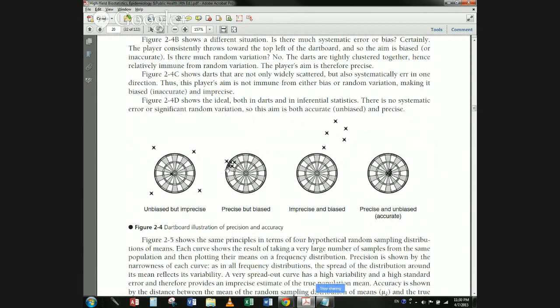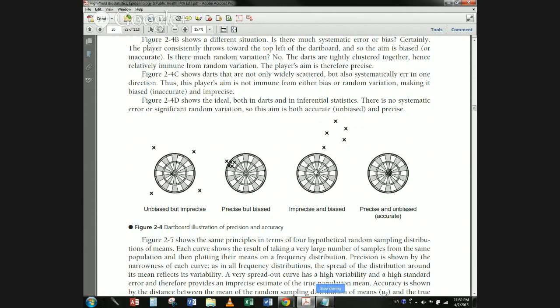Certainly, the player consistently throws toward the top left of the dartboard, so the aim is biased or inaccurate. Is there much random variation? No. The darts are tightly clustered together, hence relatively immune from random variation. The player's aim is therefore precise.